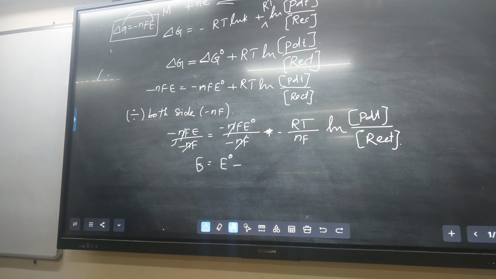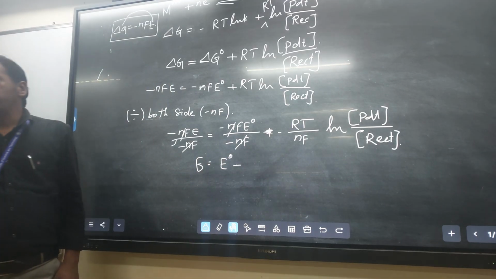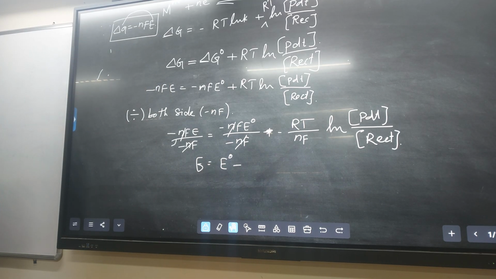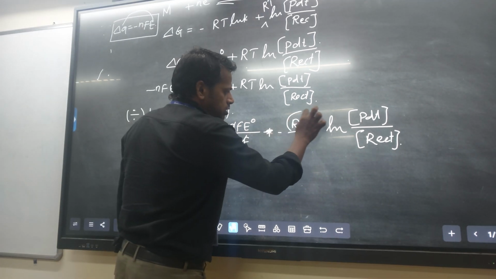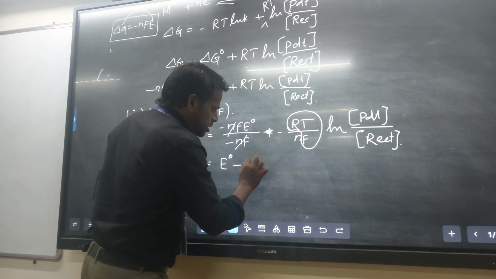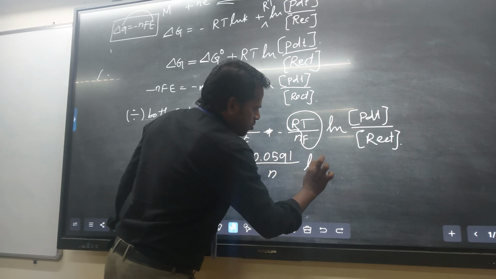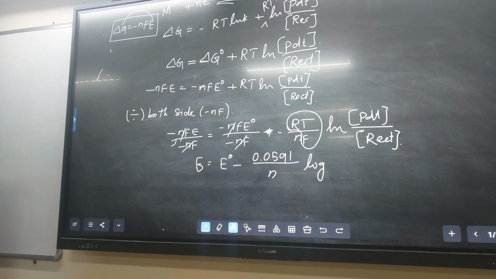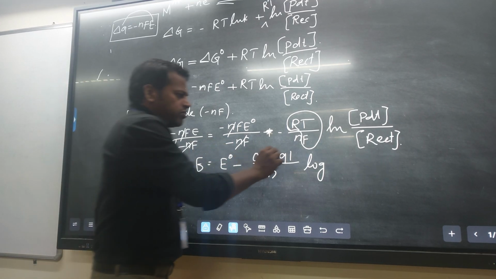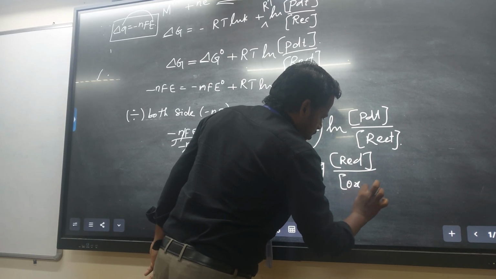So all the common terms, you give the input and you convert ln into log, and finally you get E equal to E naught minus 0.0591 divided by N into log of reduction by oxidation, or else product by reactant.